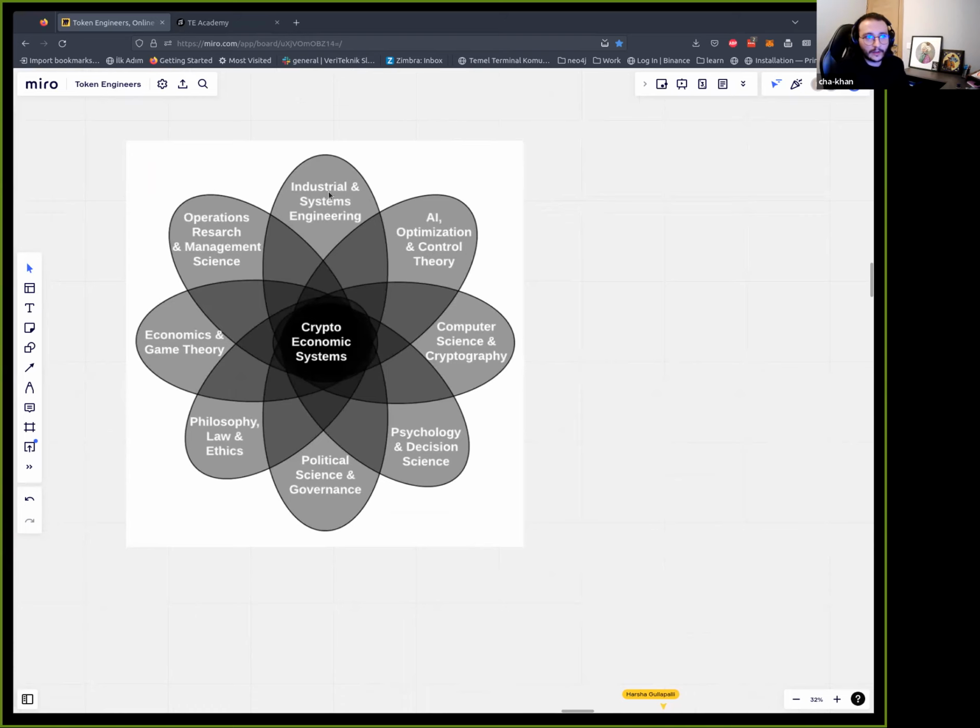It has industrial and systems engineering inside of it, some AI, optimization and control theory, some computer science and cryptography. There's some psychology and decision science, political science, governance, philosophy, law, ethics, economics, game theory, operations research, and management science. So, it's super easy to be an expert in this field. You just got to know all of these different things. It's super, super simple.